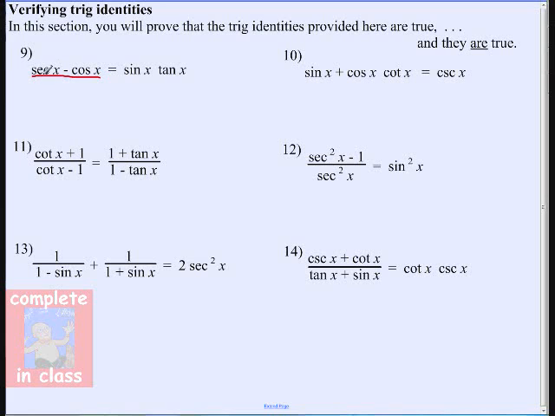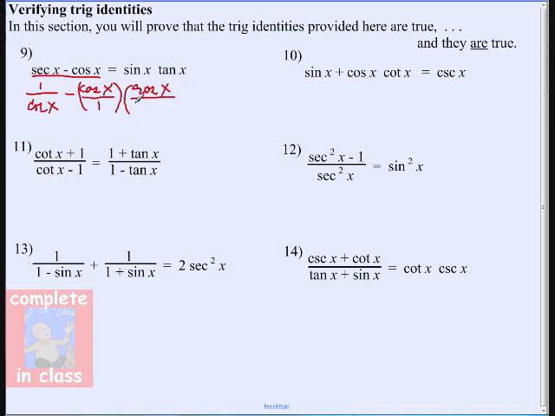I think I'll start with just translating these into sine and cosine. So this would be, secant, when I translate that, would be 1 over cosine x minus cosine x. And I want to have a common denominator. So what I'll do is I'll multiply this one by a fancy one, cosine x.